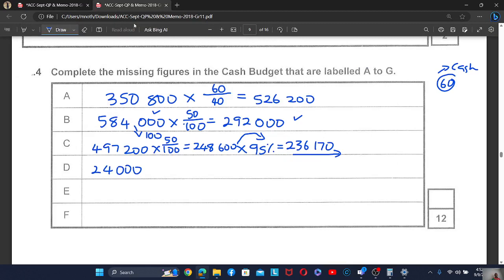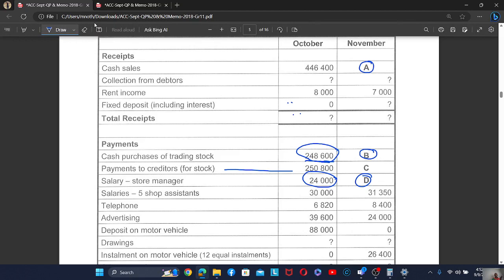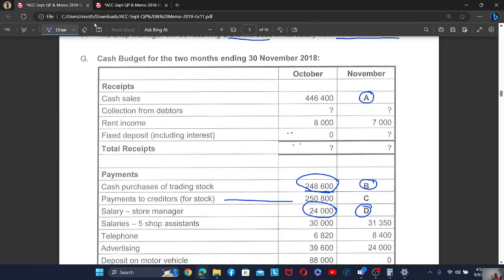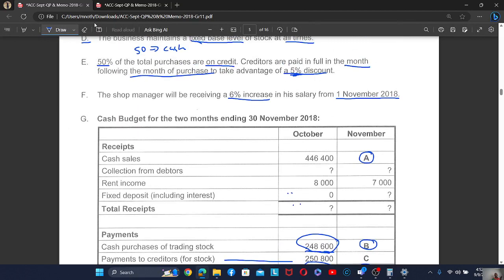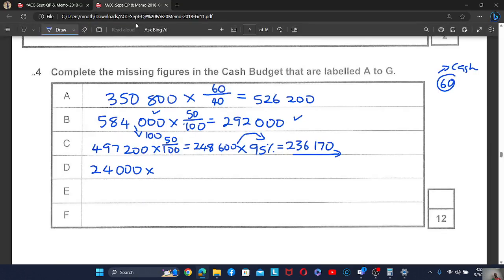The answer I got, maybe you can check with me, I got 25,440. So you added the 6%. No, I said 24,000 times 100 plus 6 over 100, and then I got that answer. So you could have also said 24,000 multiplied by 106%.